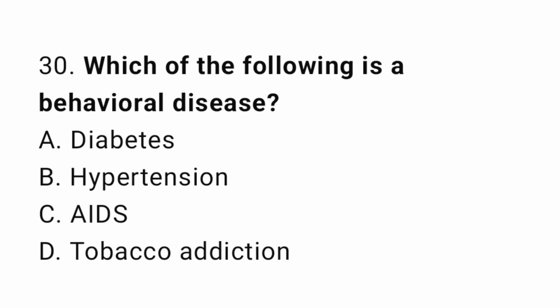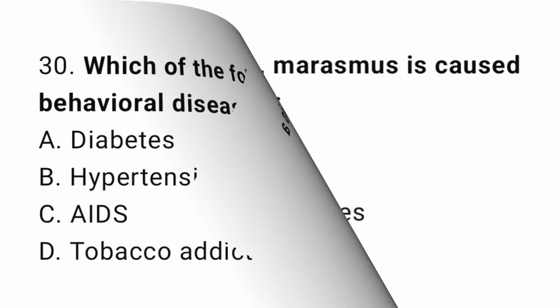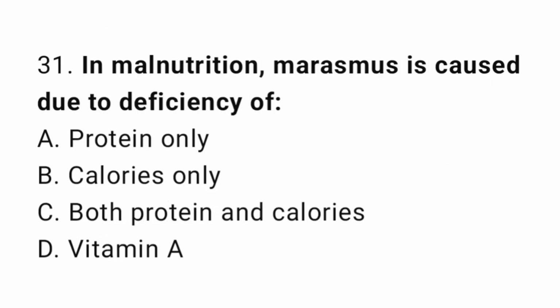The correct answer is D, tobacco addiction. Question number 31. In malnutrition, marasmus is caused due to deficiency of. The correct answer is C, both protein and calories.